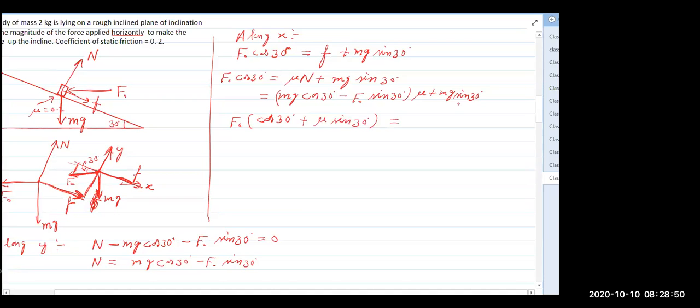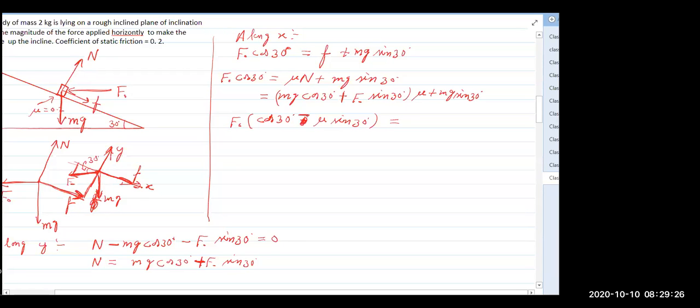And then on this side we will have mu times normal. So normal is what? Normal is the addition of these two. So here it is a plus sign, and if not, it will become minus.